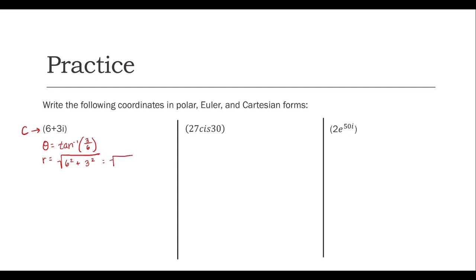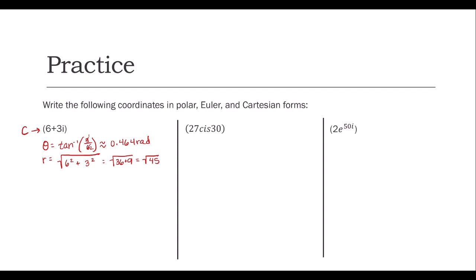So for our radius, we have square root of 36 plus 9, which is the square root of 45. For theta, our inverse tangent of 1/2 is approximately 0.464 radians.